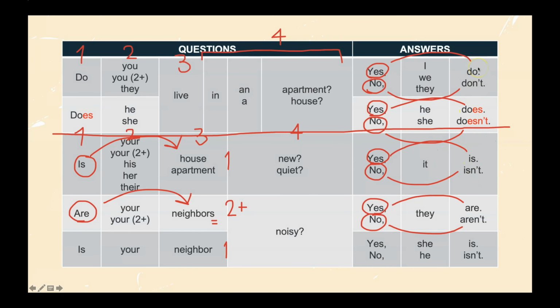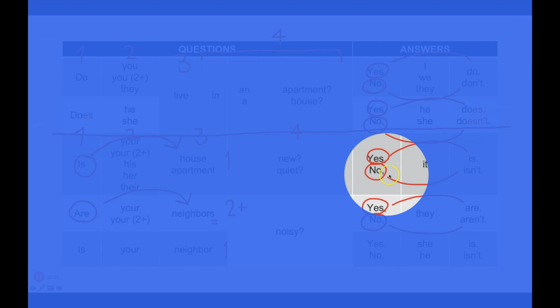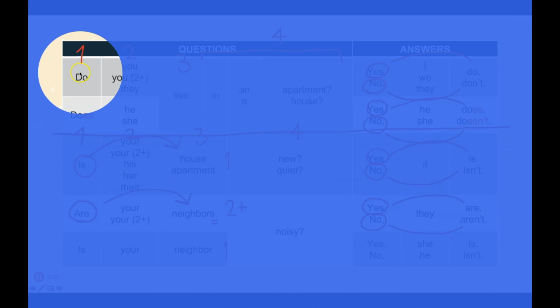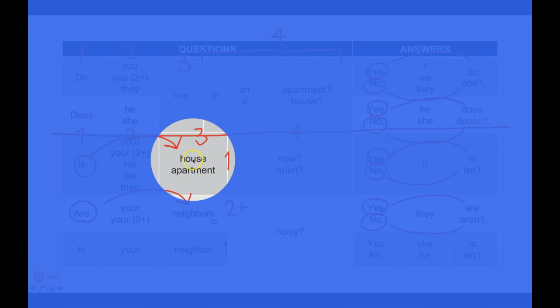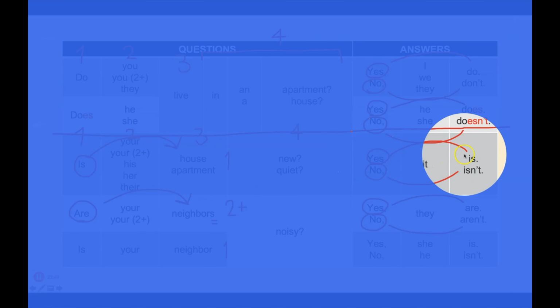So here we have yes, I do, or no, I don't. Here we have yes, it is. No, it isn't. And here we have do or does. Here we have is. So is your house new? Yes, it is. Or no, it isn't.